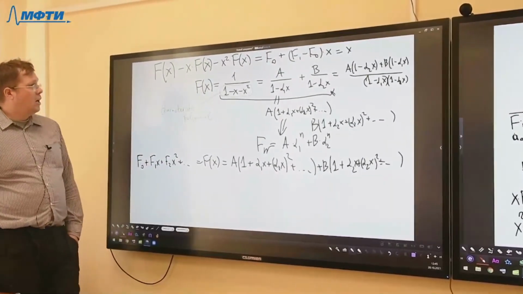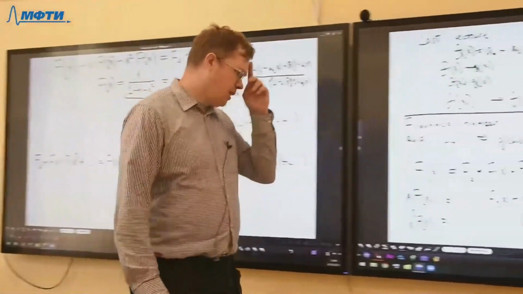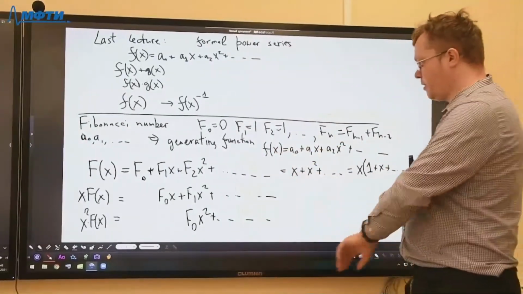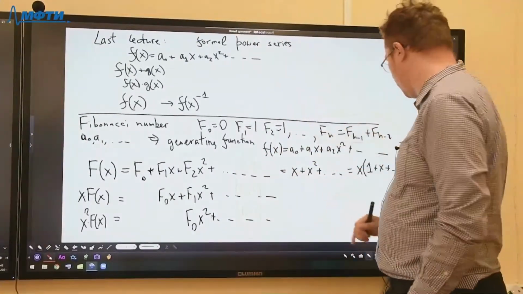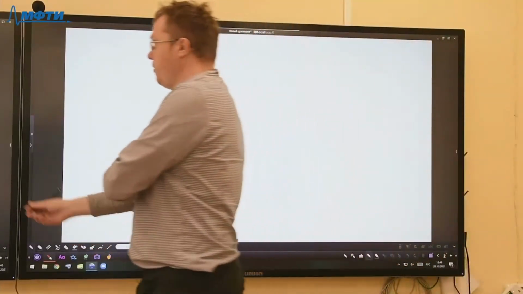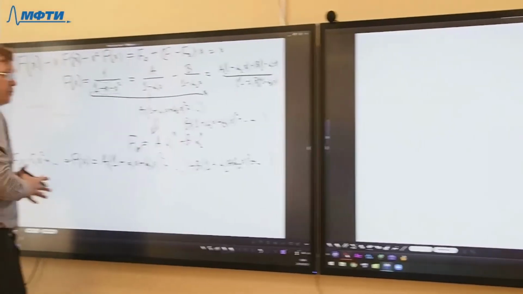Okay, so we can solve linear recurrences using formal power series. But now, what if we have some non-homogeneous linear recurrences?